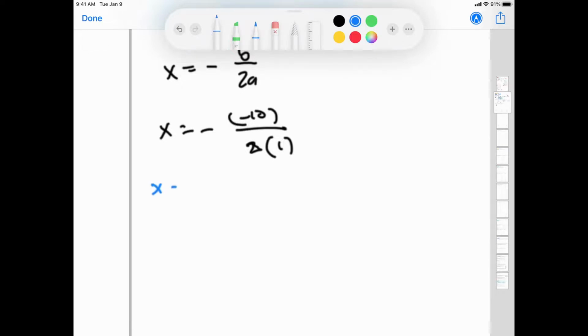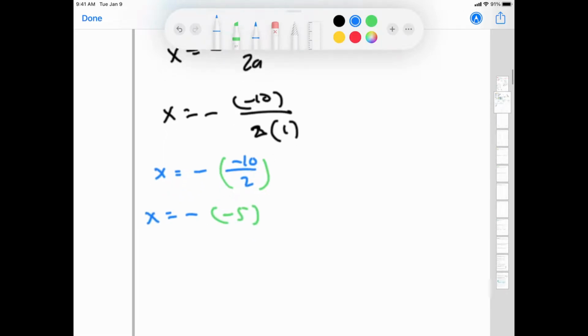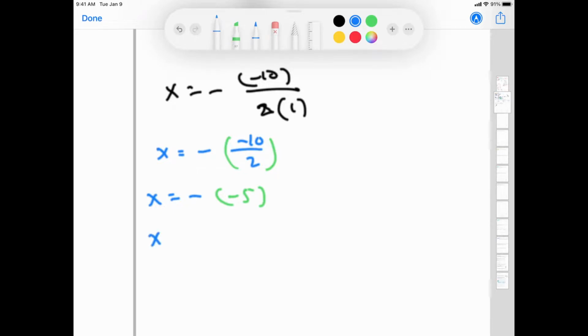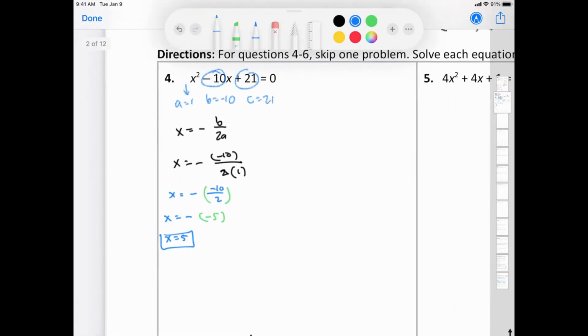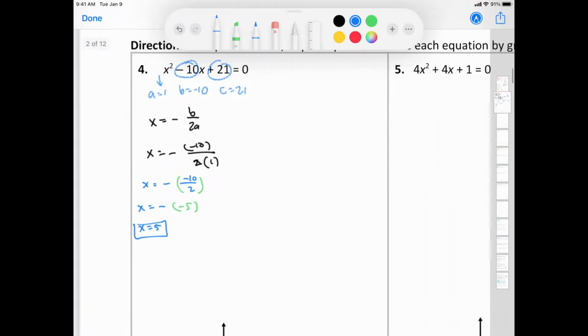So you get x equals the opposite of negative 10 over 2. Here in green, that becomes negative 5. So I have the opposite of negative 5, which is positive 5. There we found the axis of symmetry. So let's go ahead and make our table of values.